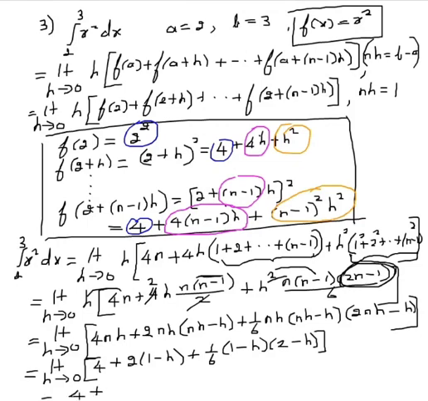Therefore, the answer is 4 plus 1 minus 0 into 2 plus 1 by 6 times 1 minus 0 is 1, 2 minus 0 is 2. Therefore, the answer is 6 plus 1 by 3. Take LCM 3, 18 plus 1, 19. The answer is 19 divided by 3.